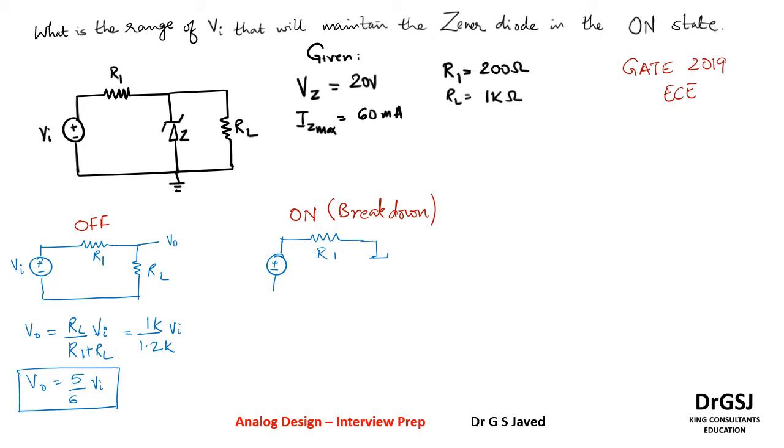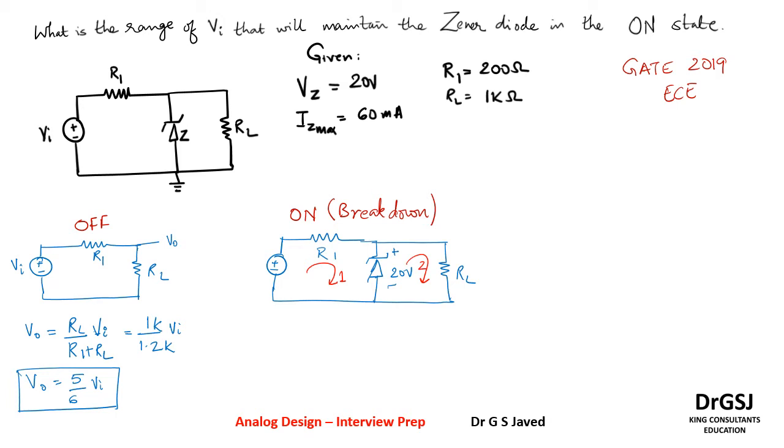You can treat it as 20 volt applied here, and this is the resistance RL. Now in this case we have two loops, loop 1 and loop 2. Let us apply KVL in this case and find out what is the answer.